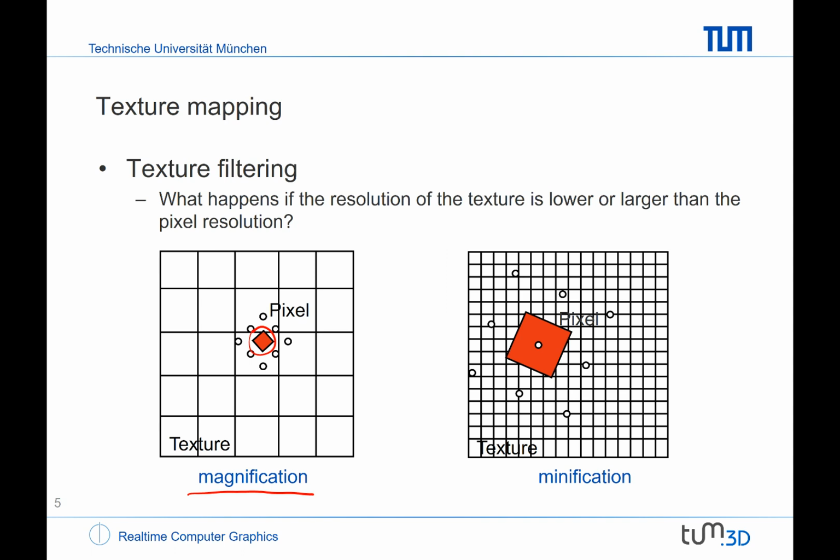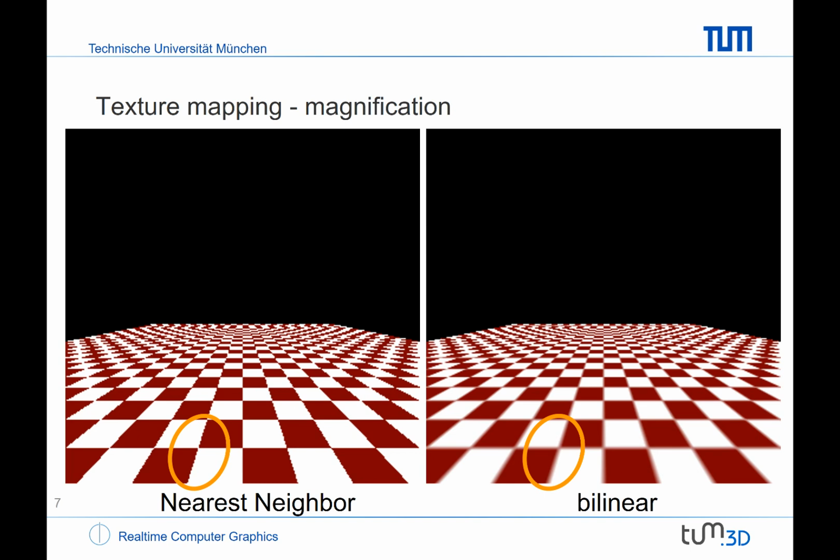We see that the surface point seen through that pixel falls between these four texels here. And now we can either do what we call nearest texture lookup or interpolation of the closest texels, and that is exactly what we see here.